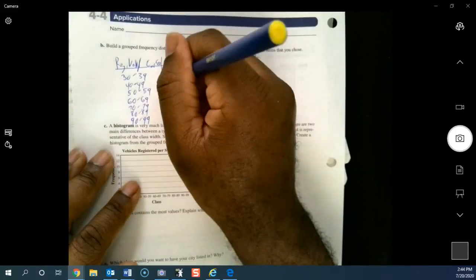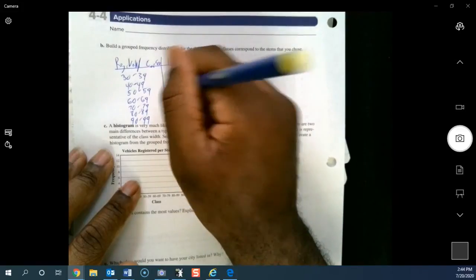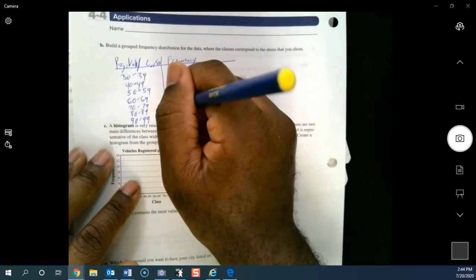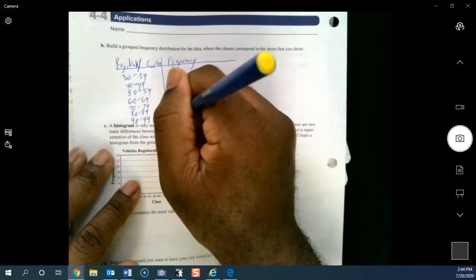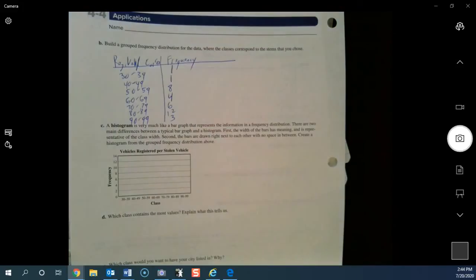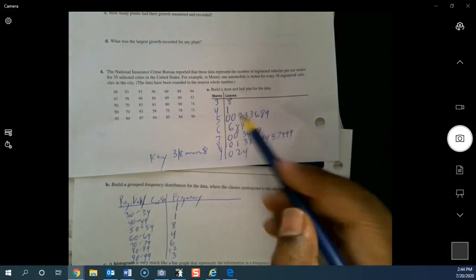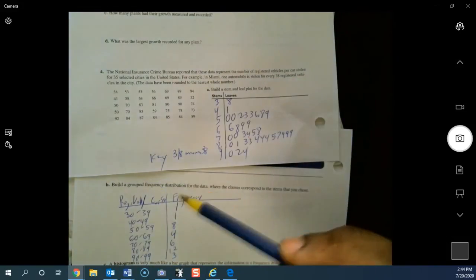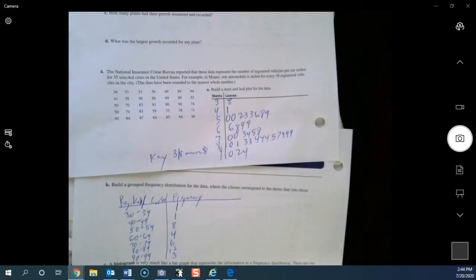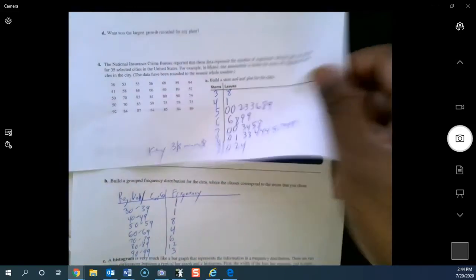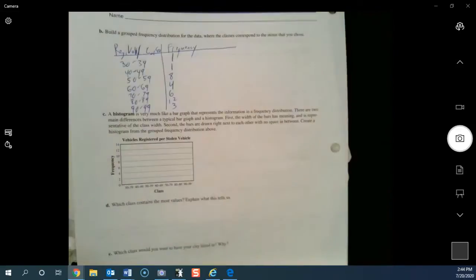The frequencies will be 1, 1, 8, 4, 6, 12, and 3. You can easily see those frequencies from the stem and leaf plot here. You can just count how many leaves you have, and that would tell you the frequency for each. All right, now we want to move on to the histogram.